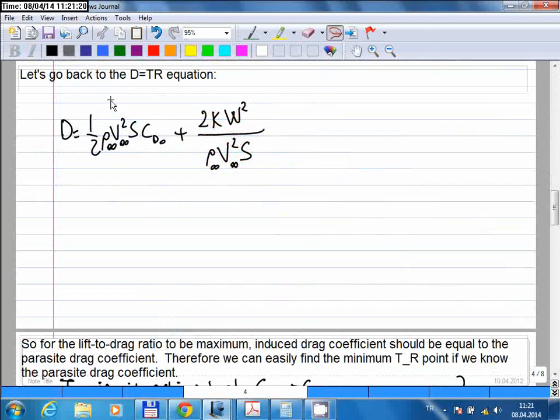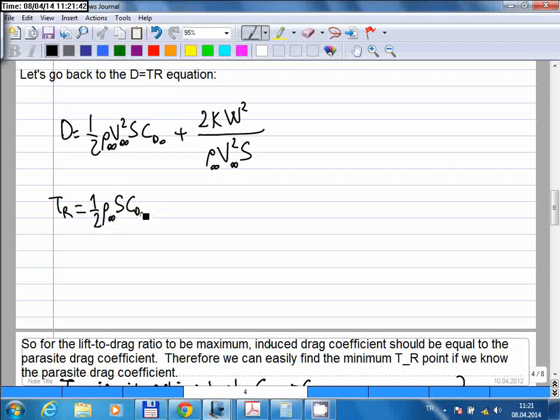Okay, so we have an equation which is a function of speed, V squared here. Let me arrange the terms a little bit. Let me write it one more time. TR is equal to 1 over 2 times rho infinity times S times CD0 times V infinity squared plus the second term. I didn't change anything, I just changed the order of the terms a little bit.